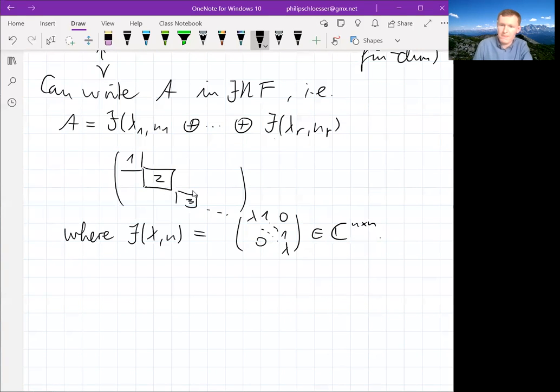So we have a decomposition into subspaces that are invariant under the action of our module. And now the question is, are they simple? And the answer is they are usually not simple.